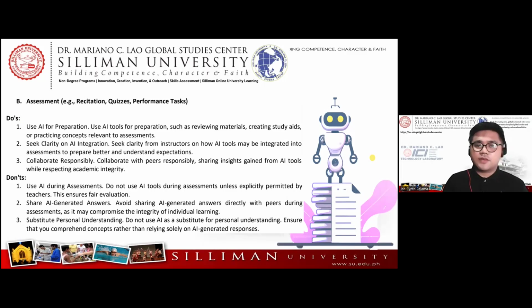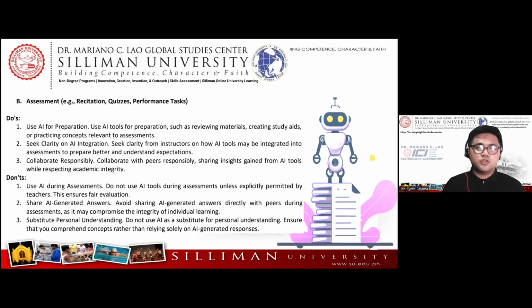Next, in terms of assessment, because students are actually asking, how is the AI integration framework in Silliman applied in terms of quizzes, performance tasks, and class recitation? Let's start with the do's. Again, there are three stated in the guidelines.